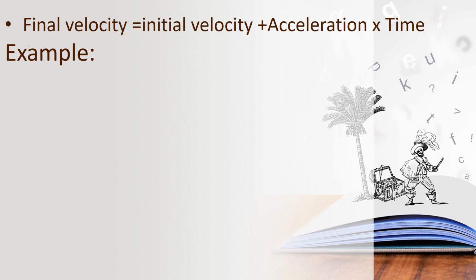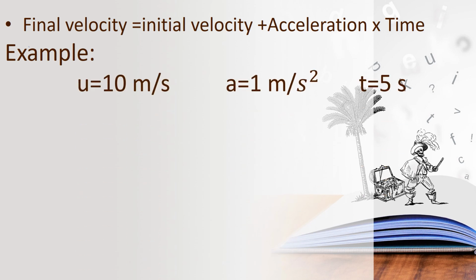Okay, children. So we have an object, its initial velocity is 10 meter per second and its acceleration is 1 meter per second square. And then time equal to 5 seconds. So its velocity is changing by 1 meter per second for every second.